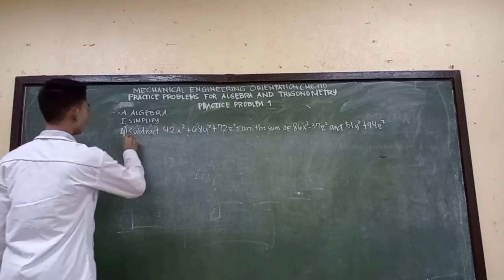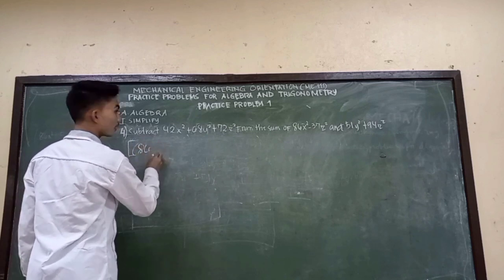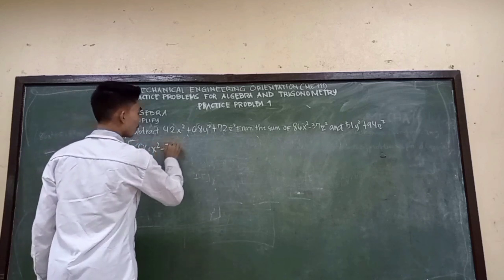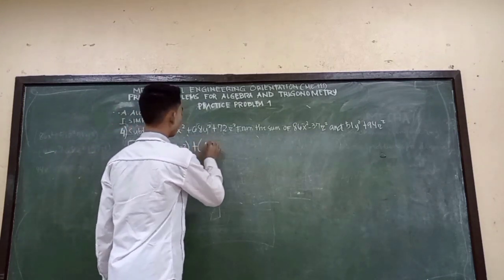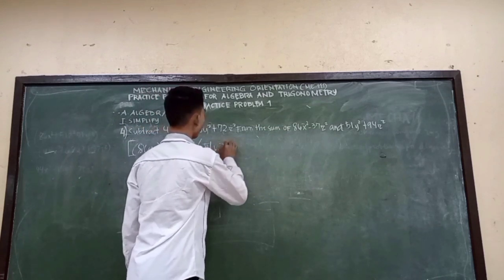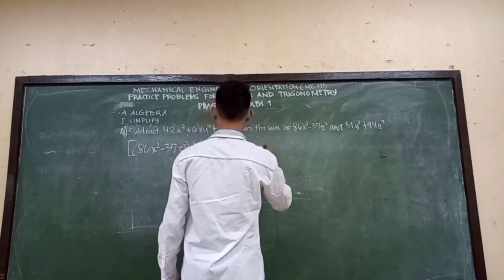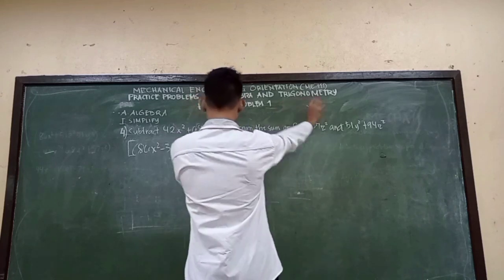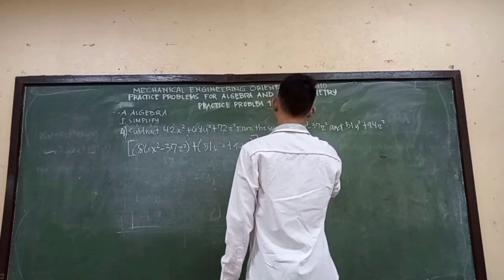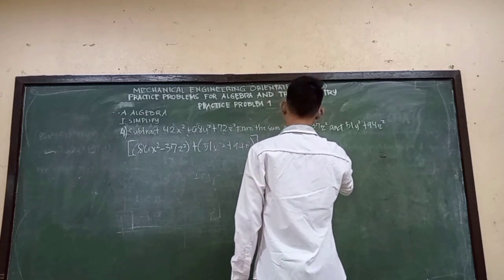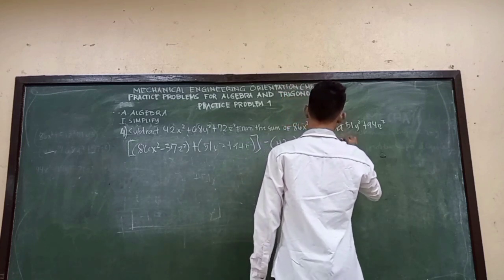First, we will have the addition. 86x squared minus 37z squared plus 51y squared plus 94z squared. And then minus 42x squared plus 68y squared plus 72z squared.